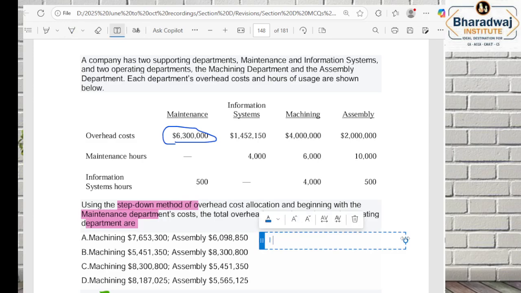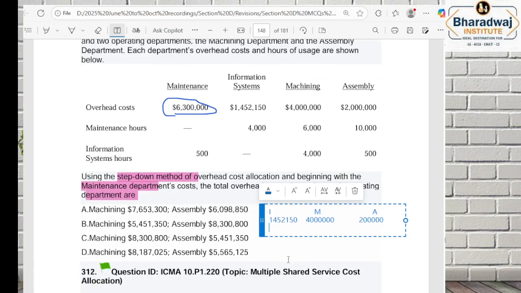Info system, machining, assembly. What is the cost given? 14,52,150. This is 4 million. This is 2 million. First allocate that 6.3 million, 63 lakhs in this ratio, 4 by 20, 6 by 20, 10 by 20.